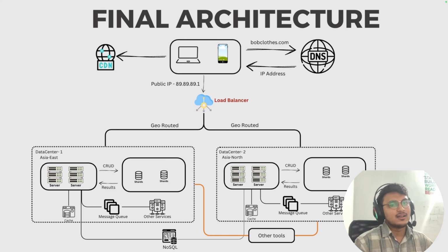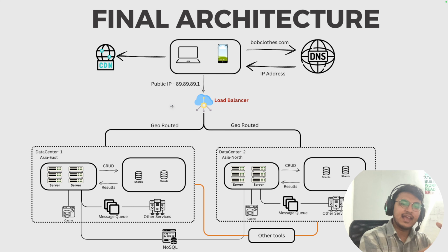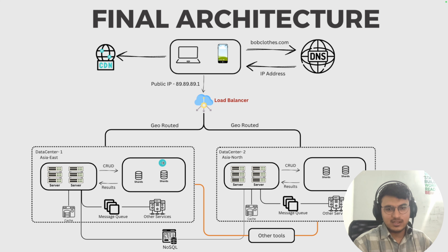Okay. I think I have forgotten to add API gateway here. So let me explain what an API gateway is. An API gateway acts as an entry point or a middleman between the client and your backend services, which often sits behind the load balancer. So this is the right place where you can add an API gateway. It routes the client request to the appropriate services.